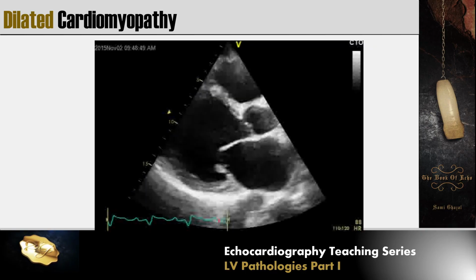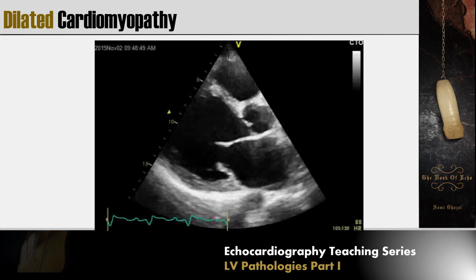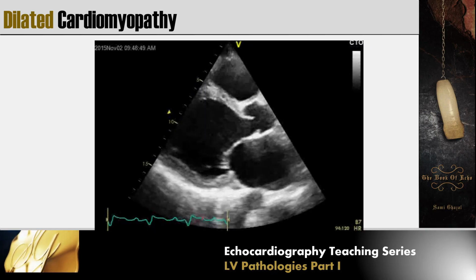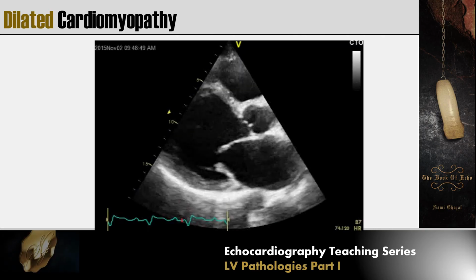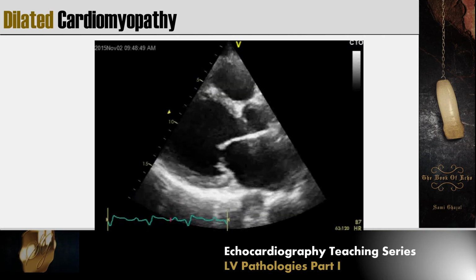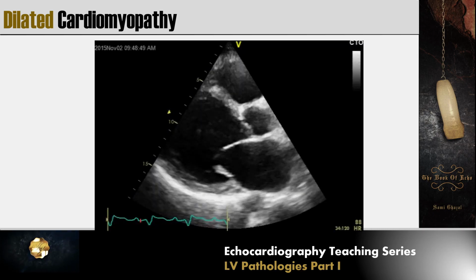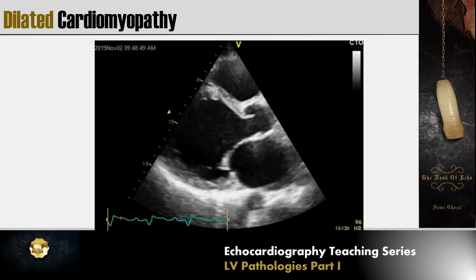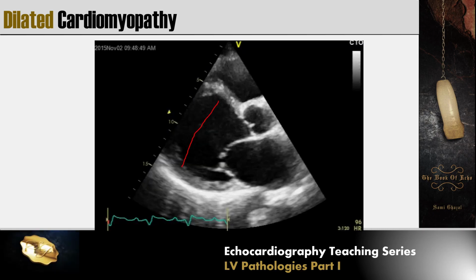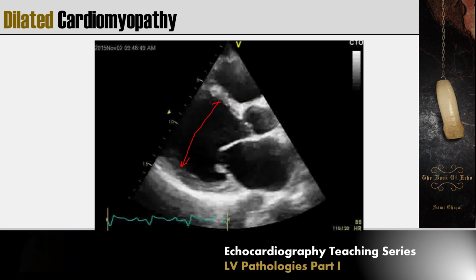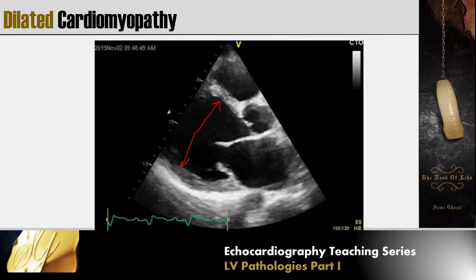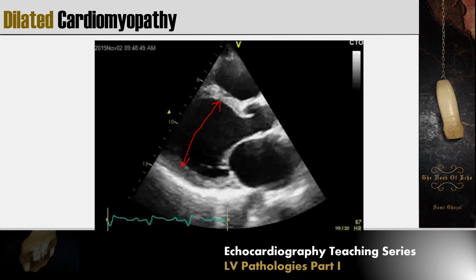So this is an example of dilated cardiomyopathy. Now, LV dilatation, as we can clearly see here, is a prerequisite for the diagnosis of dilated cardiomyopathy. If you look carefully here, see the LV is very dilated. Now, dilatation can be mild, moderate, or severe.